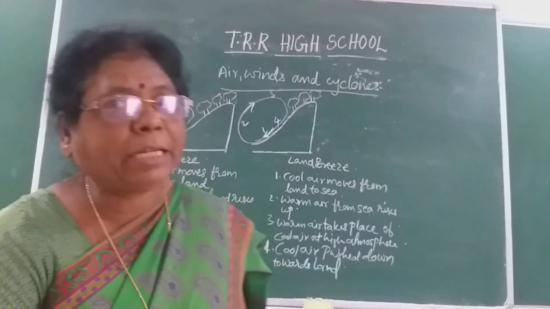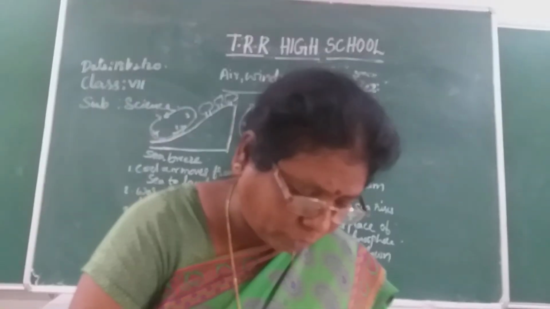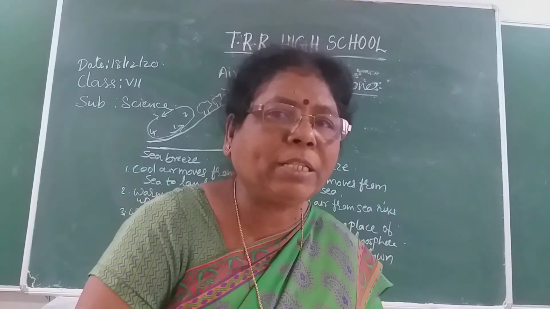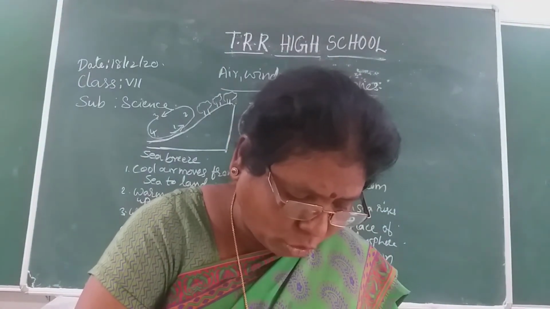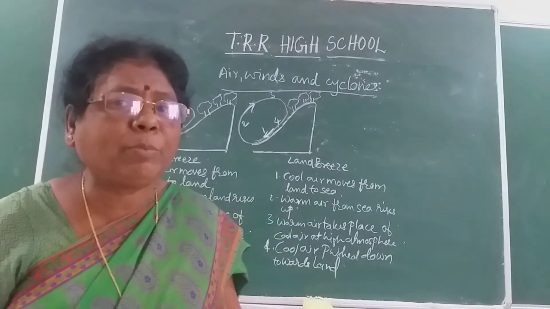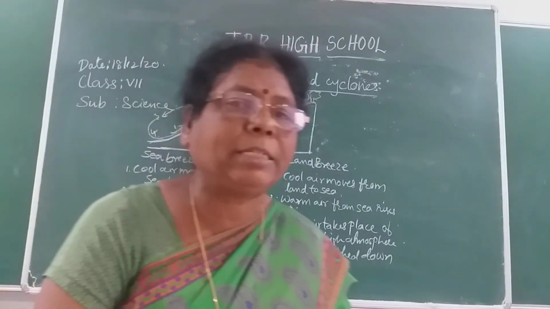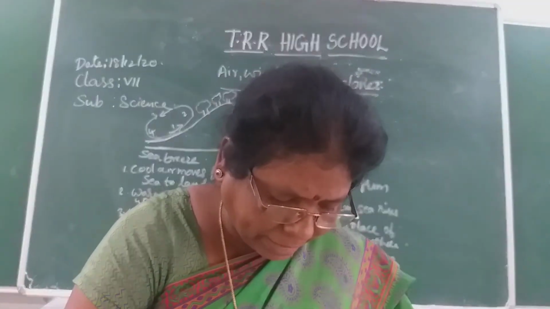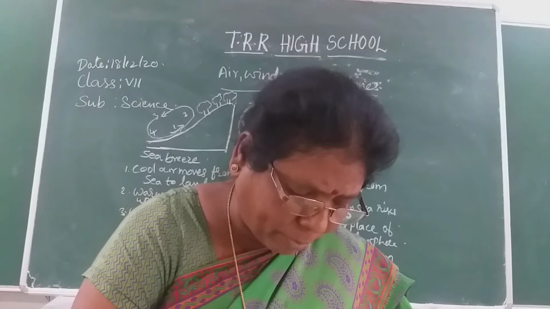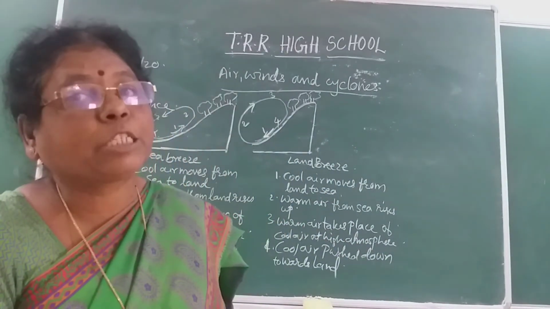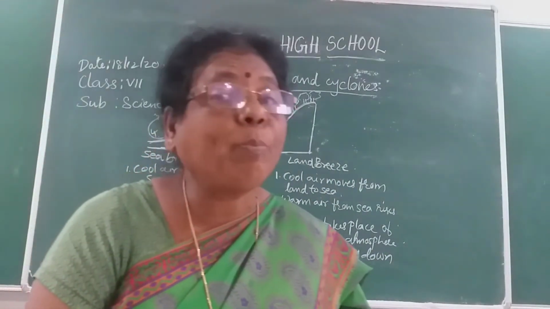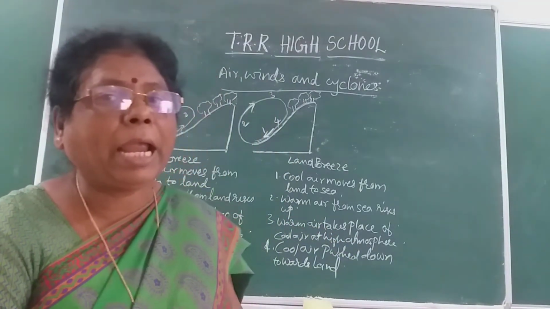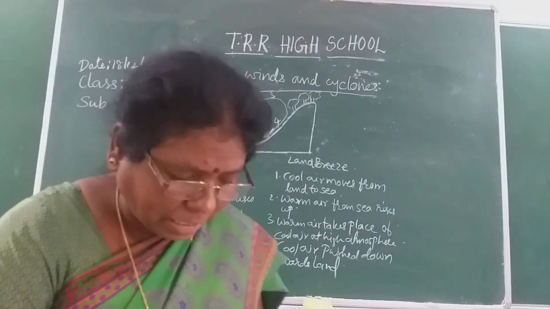Take an agarbatti stick and light it. What you will observe here is that the smoke goes up. Agarbatti smoke goes up, isn't it? So why? Because the surrounding air becomes warm. Warm air is always lighter than cool air, so it rises up. So it is important to remember that on heating, the air expands and occupies more space.